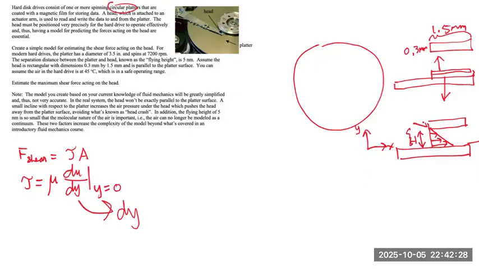This location over here is going to be h, and this location down here is going to be 0. So the dy, or in other words, the change in y, is going to be equal to h minus 0. So that will be the greatest velocity gradient. And yes, it's maximum at y equals 0 again because that's where the maximum velocity is, which constitutes our greatest du.